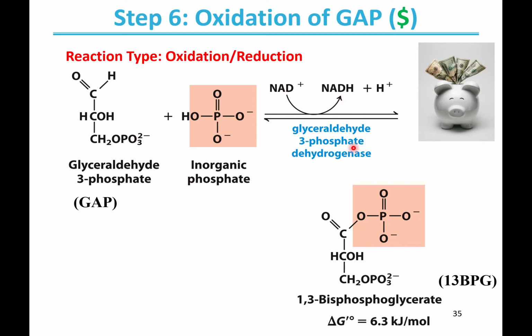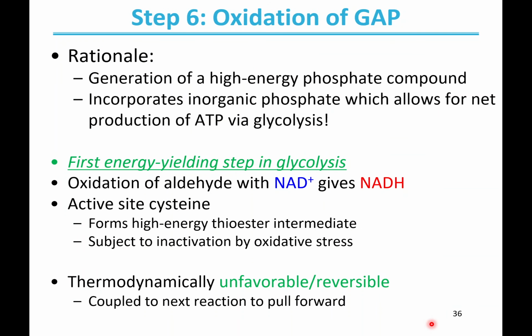And remember, for every molecule of glucose, you have 2 of these reactions occurring, so you're going to be making 2 NADHs. The delta G naught prime of this is, again, a positive value. The rationale behind this is generation of a high energy phosphate compound, so you're building a high energy compound as your product.